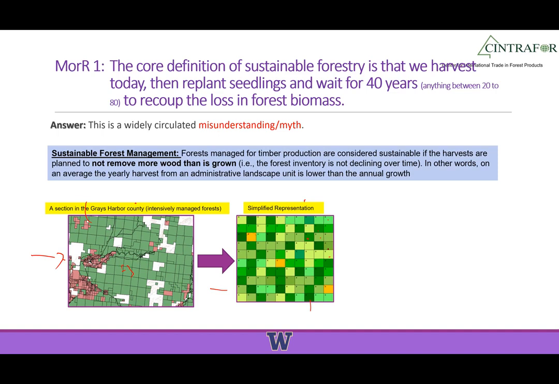Now, some of these plots, I highlighted 3, got harvested this particular year, let's say. However, on average in a 45-year cycle, there will be anywhere between 2 to 2.2% of the plots harvested every year.